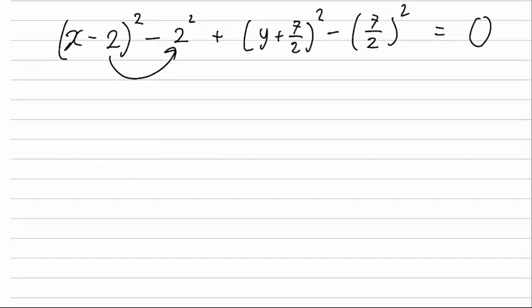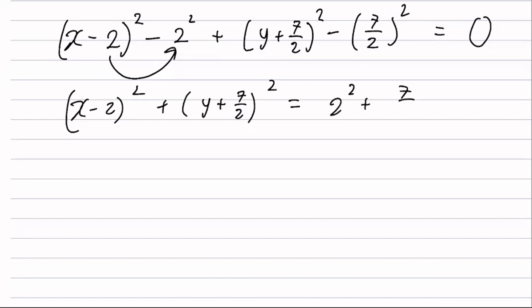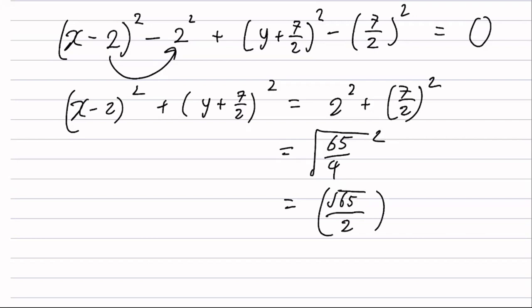All right, then now just copy down, then bring over. So positive 2 square, positive 7 over 2 bracket square. Type in a calculator and you get, I don't know, I can't calculate so quickly, 65 over 4, okay? Which is the same as square root 65, then 2 bracket square.